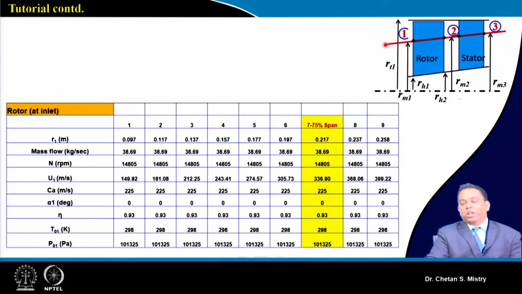So here this is representing one of the streamlines at 75% span. Okay, and these are the points which we have calculated. That is giving us, say, my tip dimension, my hub dimension and mean dimension.